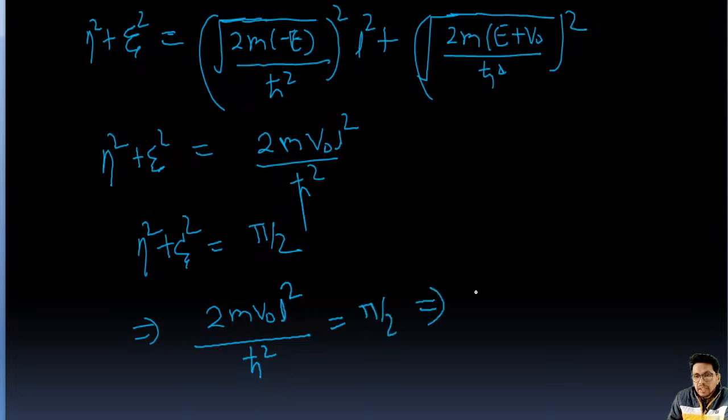This implies the value of V naught is pi square h cut square upon 8 m L square.